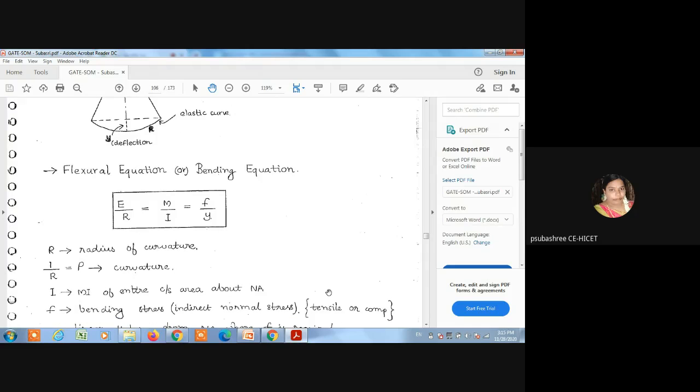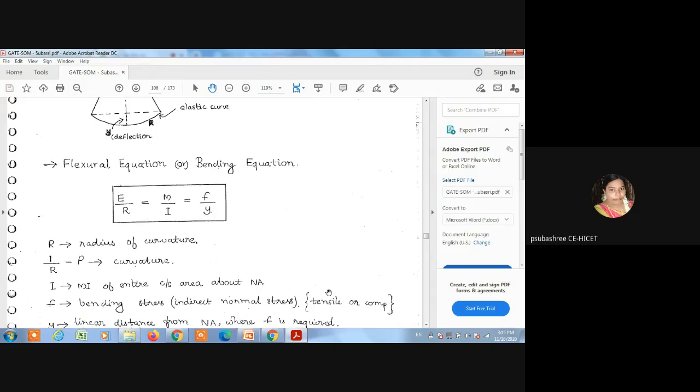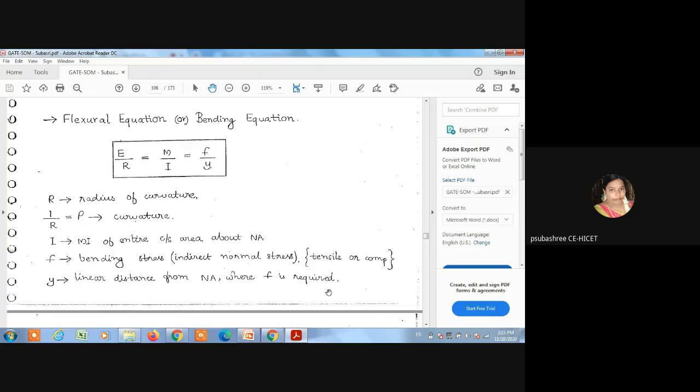Capital R means radius of curvature. I means moment of inertia. M means moment. F means bending stress. E is the Young's modulus and small y is the linear distance from the neutral axis.